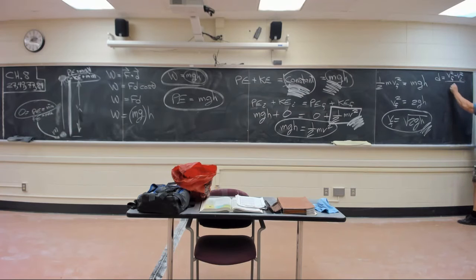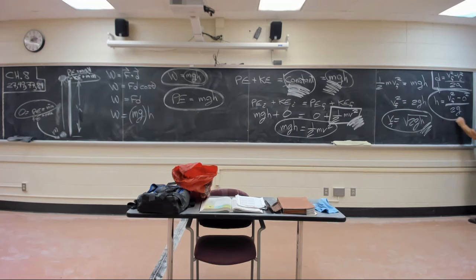Do you guys remember this? Everybody's falling down, so we're going to call down positive. It's going to fall down a distance d, and that distance d we're going to call h. VF squared is the speed at the bottom. VI squared is initially when it got pushed off. That's 0. The acceleration due to gravity is a. It's falling straight down.